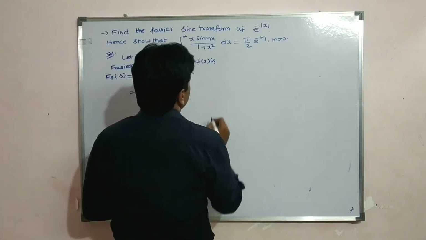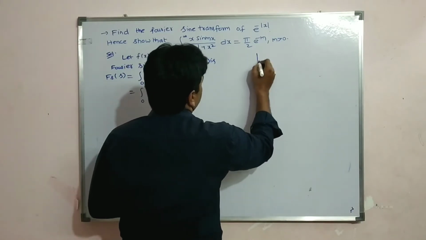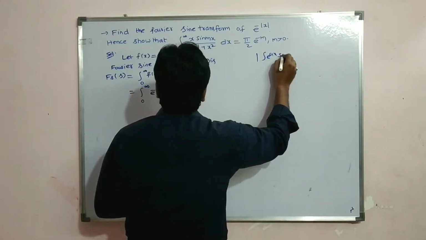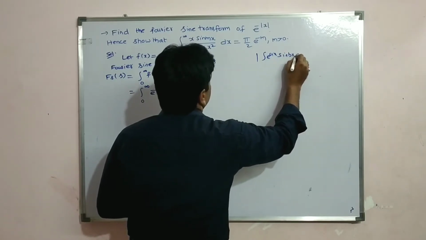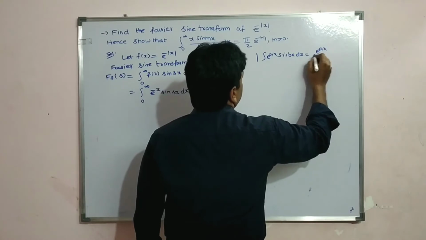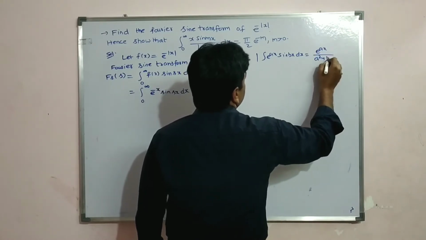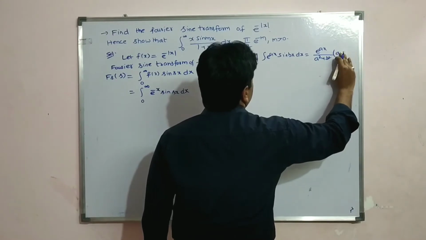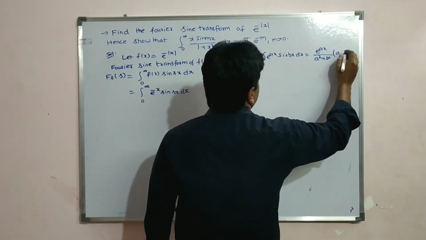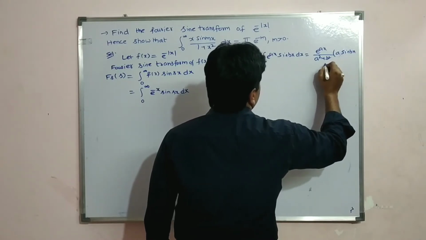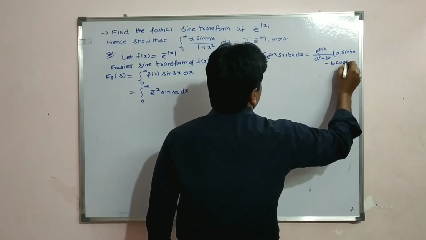Now we have a property, students. What is the formula? Integral e power ax sin bx dx is equal to e power ax by a square plus b square into a sin bx minus b cos bx.